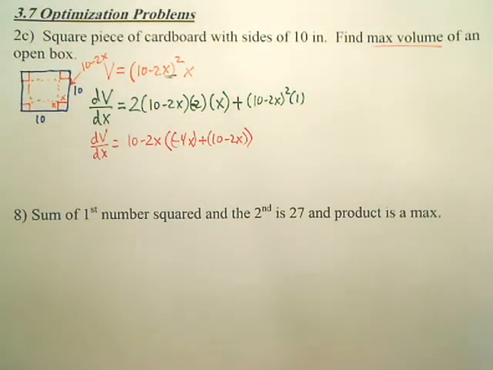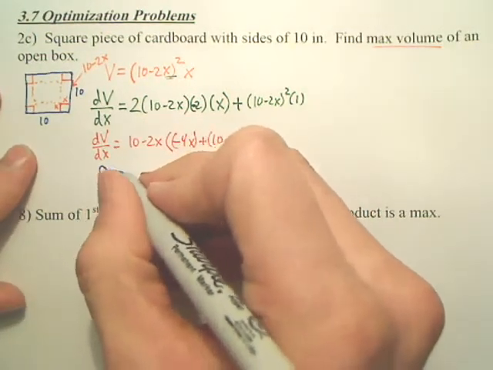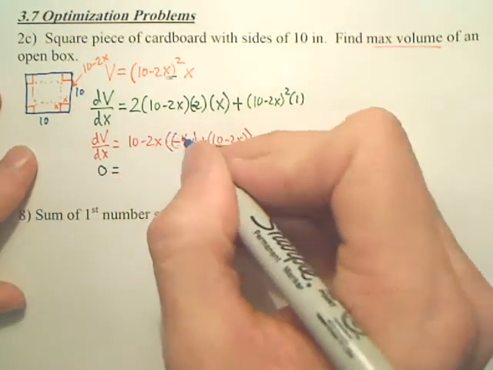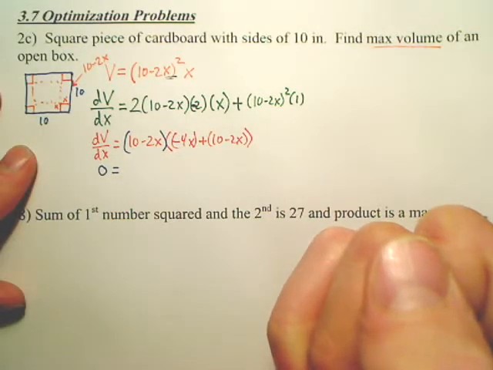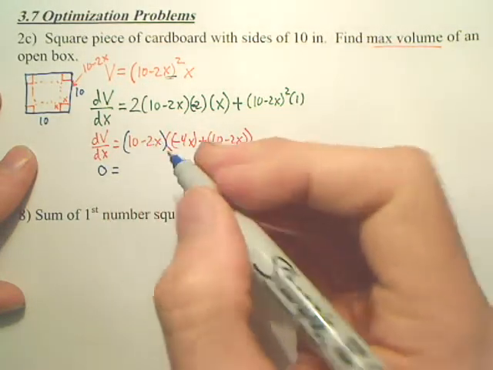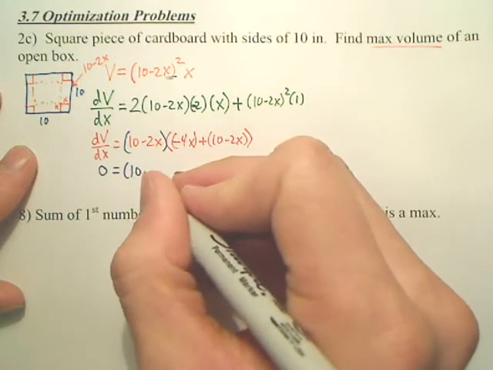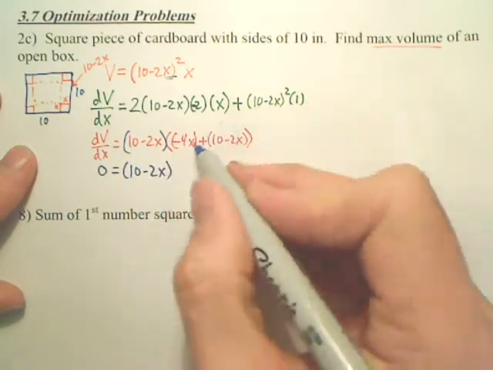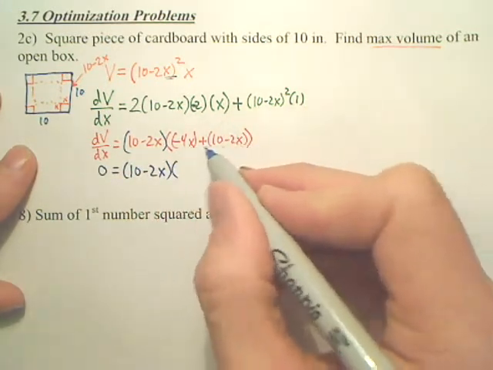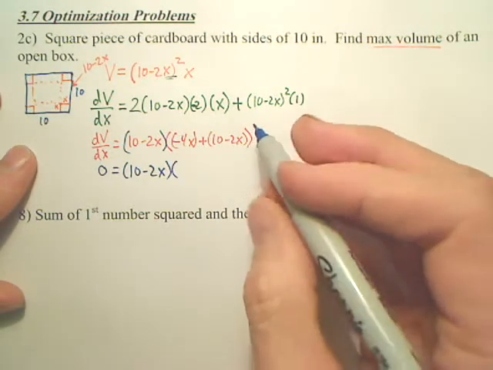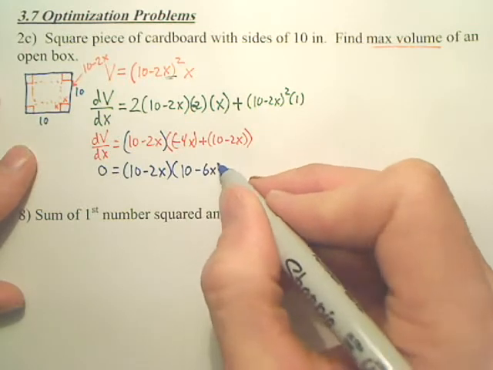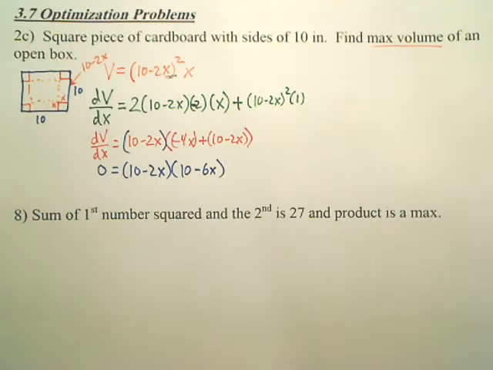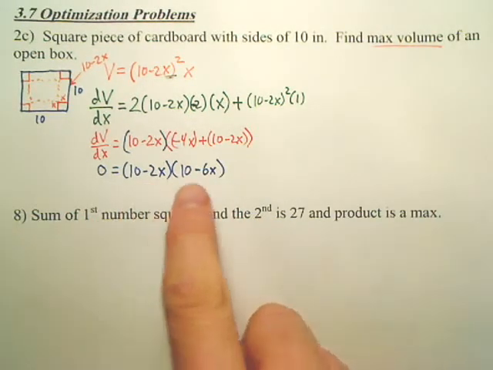So what we now have is 0 equals, oops, this should be in parentheses, shouldn't it be? That's very important. 10 minus 2x, and then what's inside of here? Is it, what, 10 minus 6x? Is that right? Could we pull a GCF of numbers out?